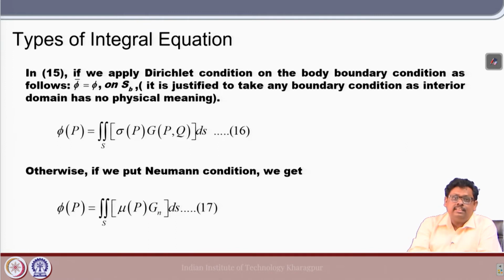So, equation 16 is the source panel method. I mean, this is the boundary integral for the source distribution, and equation 17 we can call the integral equation for the distribution of the dipole. Why? Because if you look at equation 16, only the G is there, so only the source is there but the dipole is absent, and in equation 17 only the dipole, that is G n, is there, but the source is absent, right.